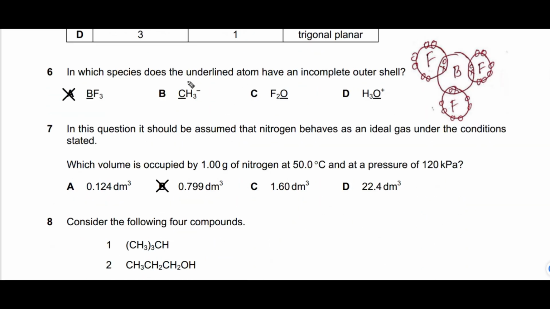Now, number 6. In which species does the underlined atom have an incomplete outer shell? So, incomplete outer shell, this is boron trifluoride. Boron is group 3, so 3 fluorine atoms.